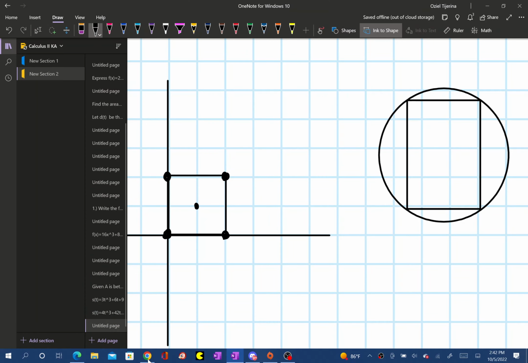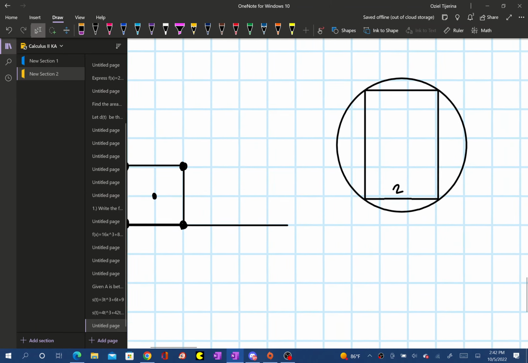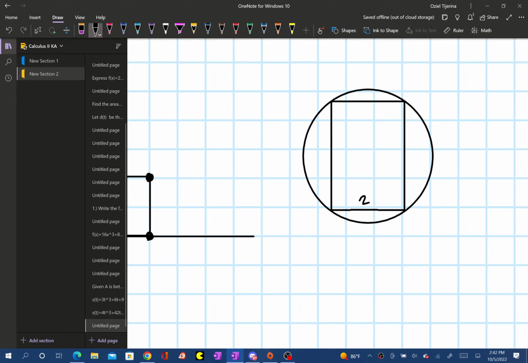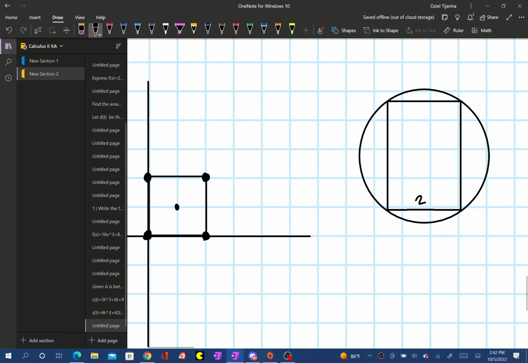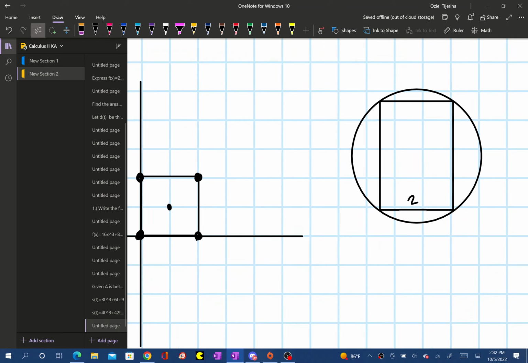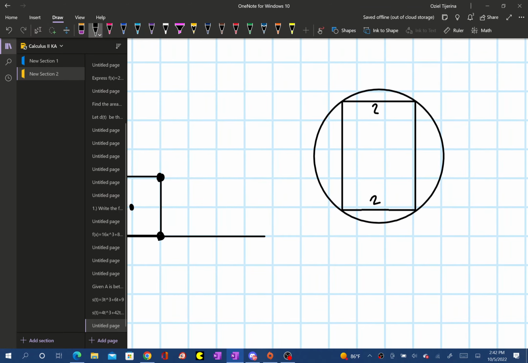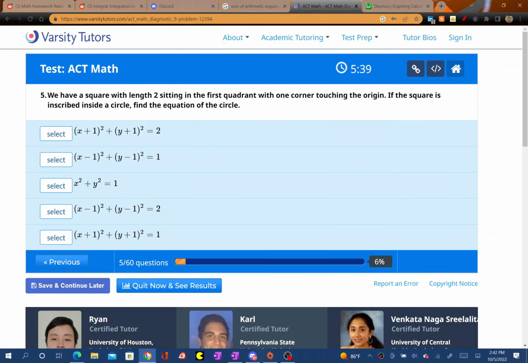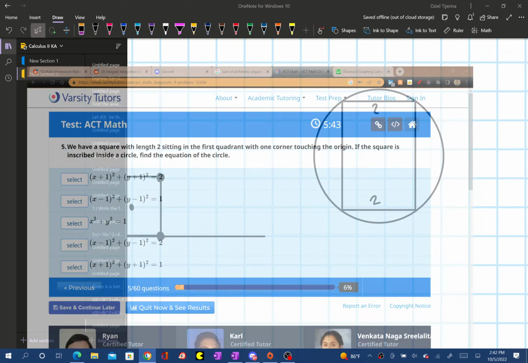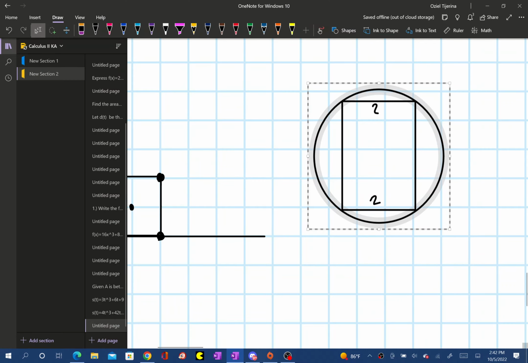So this is 2 units, and this means that this is 2 units, right? And it's saying if it's inscribed inside a circle, find the equation of the circle.